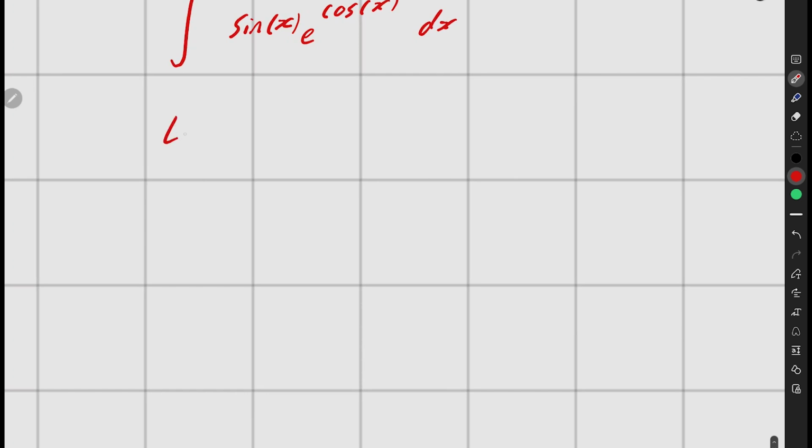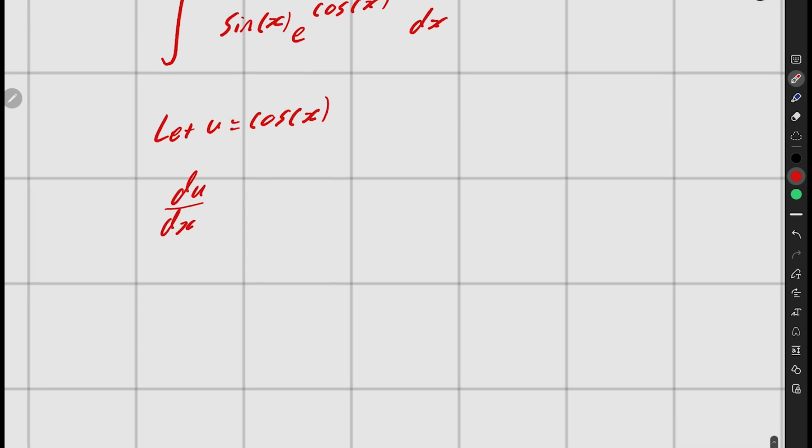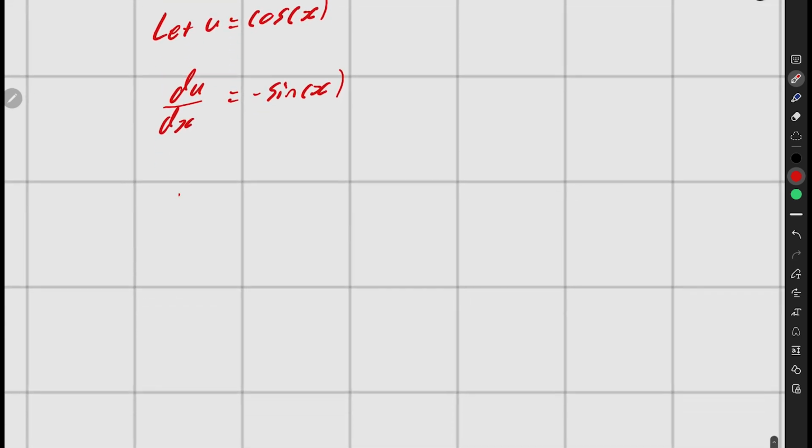So let's set u to cos of x. So we can say du over dx, the derivative of u with respect to x, is going to be equal to negative sine of x. And dx is going to be equal to du divided by negative sine of x.